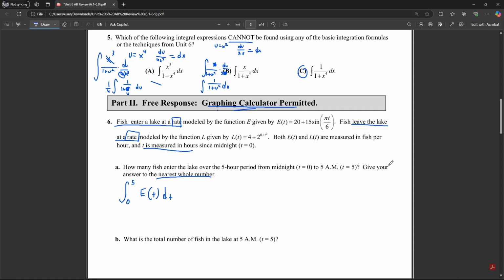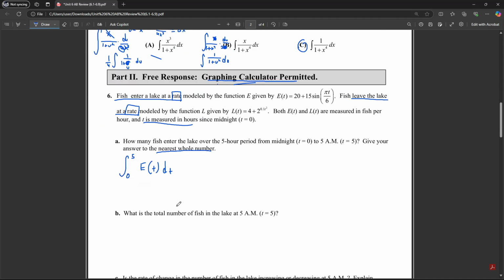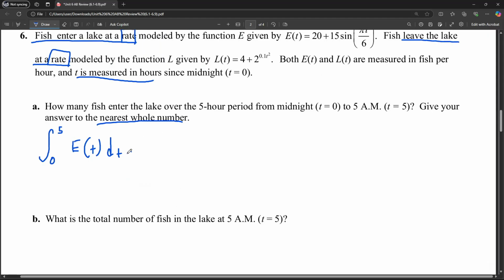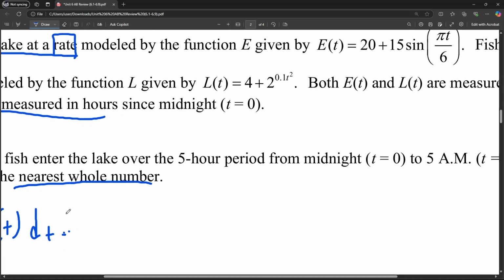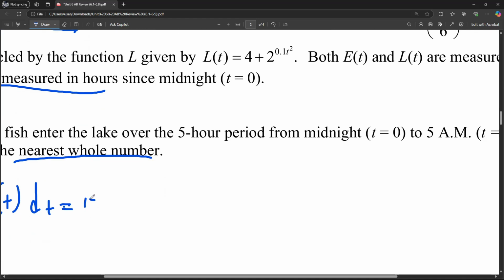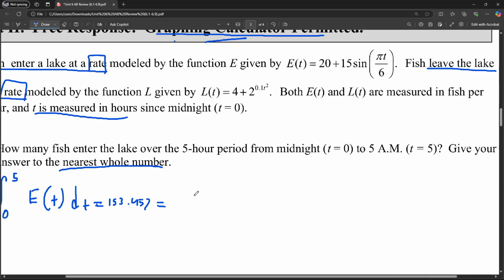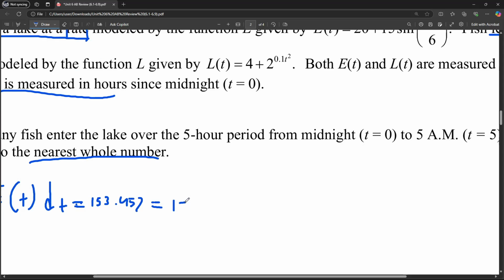So you should get 153.457. So equals 153. Alright, and then we gotta round that, so that's 153.